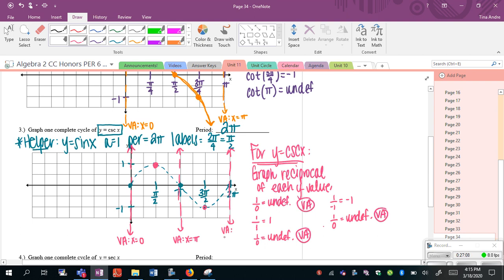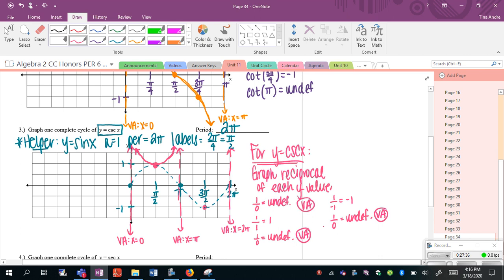And to actually finish this, because we don't really have enough points plotted here to know what to do, what's going to happen is the reciprocal of all of these other points end up going upwards here. It's almost going to look like a reflection in a way. You could actually find these values and do that, but what's going to always happen is just imagine these values are going upward, approaching the asymptotes.